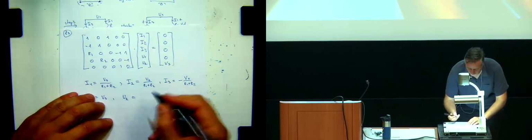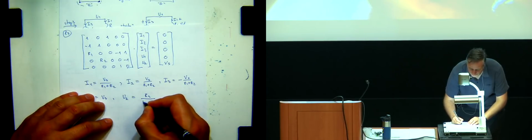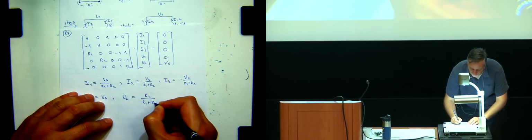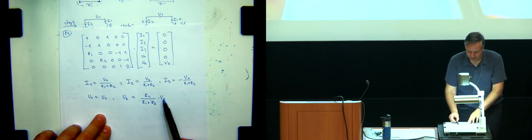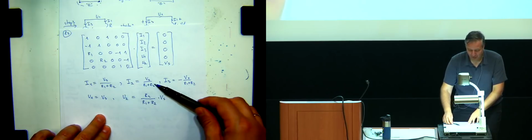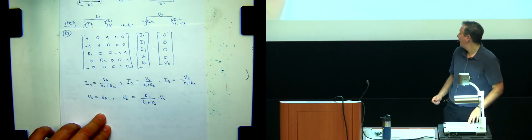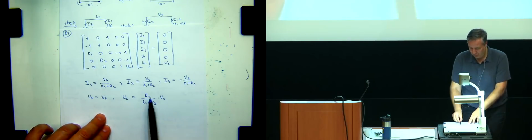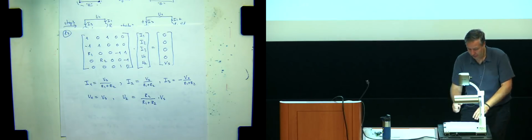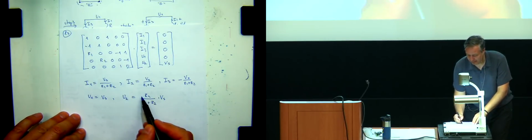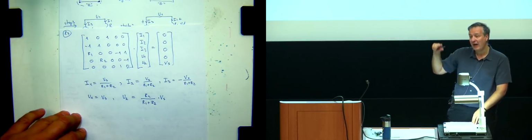Yes, great. So it was, I'll just rewrite it a little bit differently, R2 over R1 plus R2 times Vs. So Vs over R1 plus R2, that's our I2. Do I want to keep it separate like this, or just do R2 Vs over R1 plus R2?